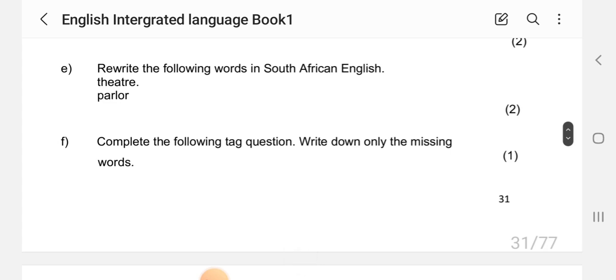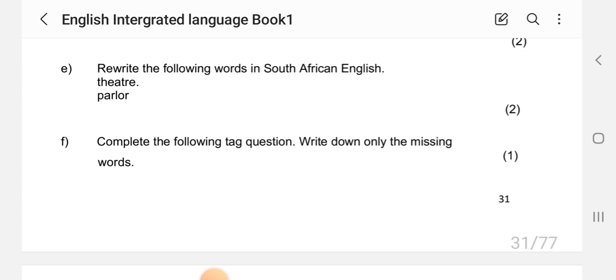Rewrite the following words in South African English. Theater, parlor. We're going to change the spelling.